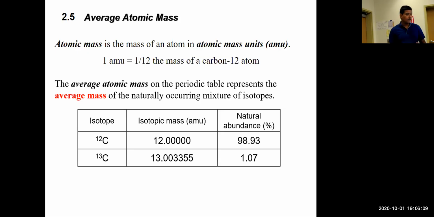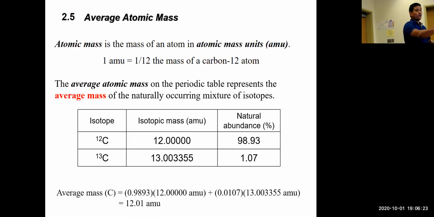Because they have different abundances, to calculate the actual atomic mass of carbon available in nature, you need to multiply their atomic mass units by their natural abundances. So you multiply 12 atomic mass units by its natural abundance of 98.93%, which as a fraction is 0.9893, and you multiply 13.003355 by 0.0107, the natural abundance of carbon-13.